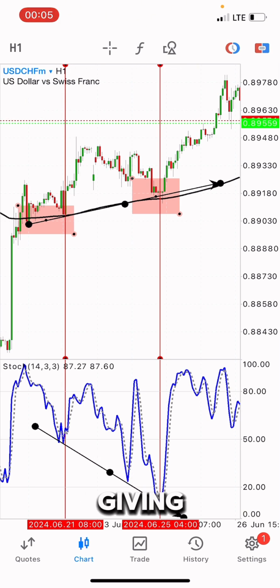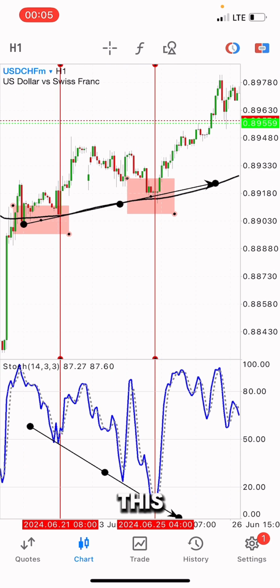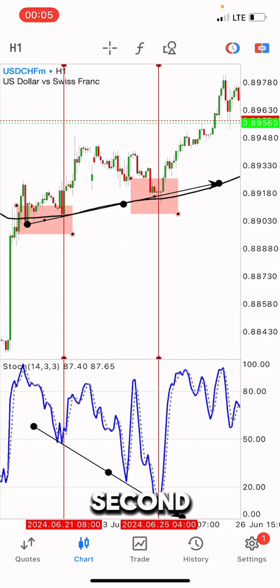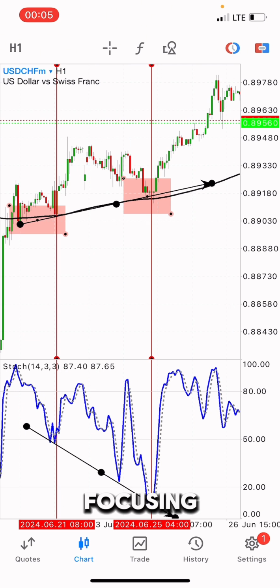So price was giving higher highs and higher lows on the main chart, and on the stochastic oscillator, price was giving lower lows and lower highs, right? So this second touch, the second low, is what we should be focusing on.